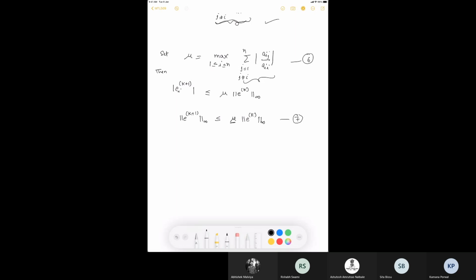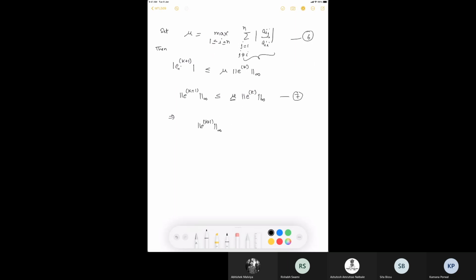So we can iterate this procedure. Now for the convergence, we have to see whether e_{k+1} goes to 0 or not. For that, I'm going to use this relation 7 again for this term. So this will be less than or equal to mu times the L infinity norm of e_{k-1}.